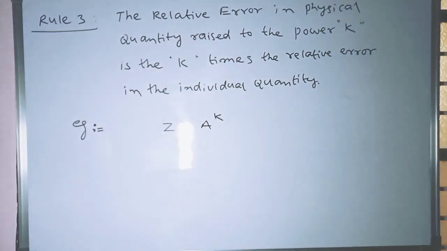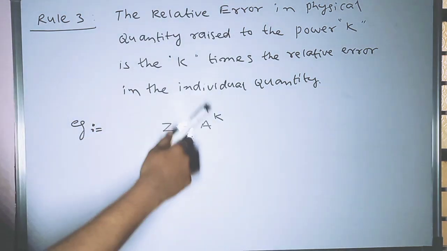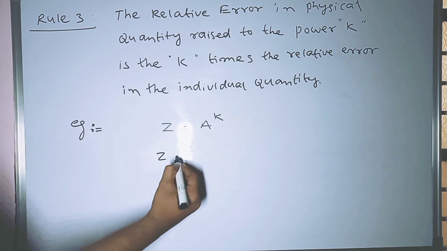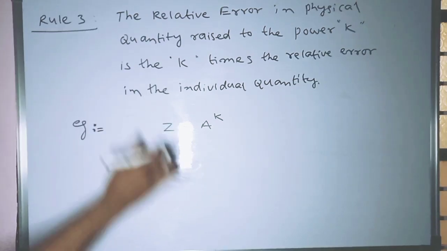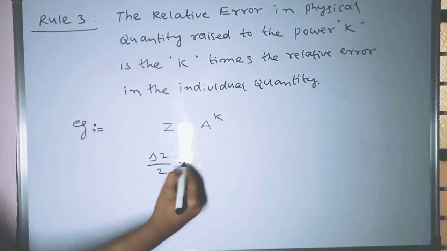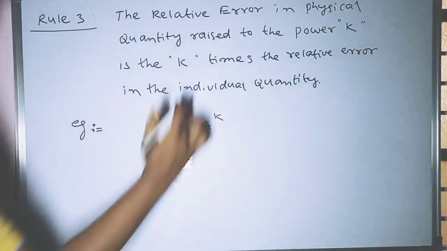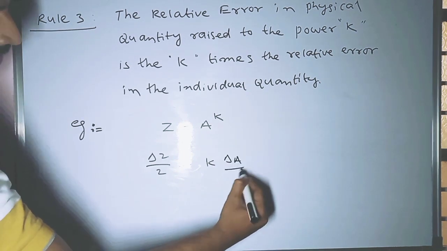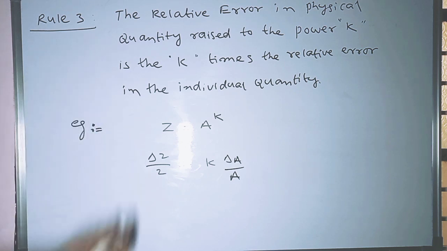According to this rule, the relative error is delta z by z, which is equal to k times the relative error, so that is k into delta a by a. This is rule 3 now.